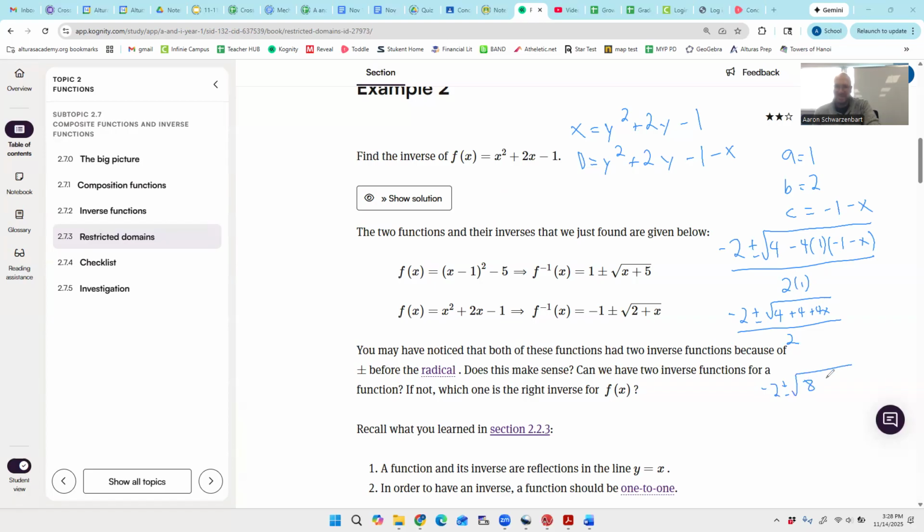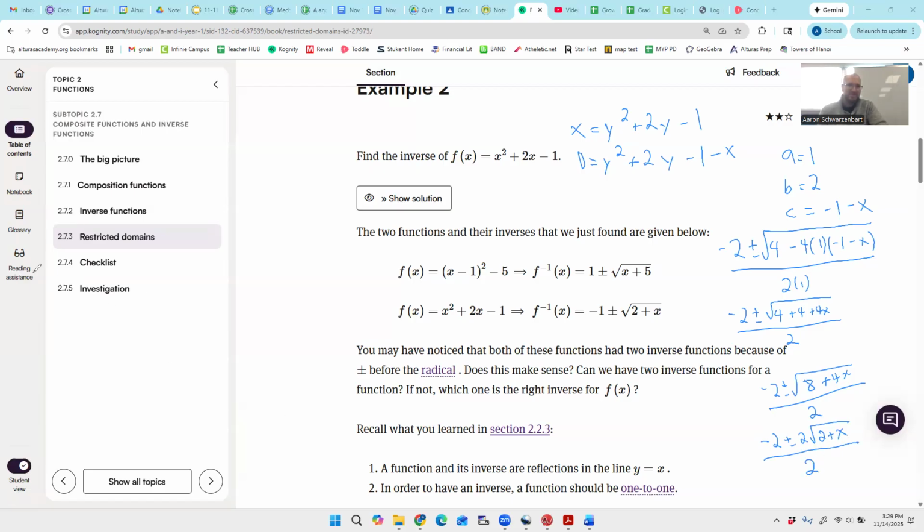4 plus 4 is 8. So I distributed the 4 for the second part. I can take a factor of 4 out of that and square root it to reduce my radical to be 2. So that's 2 plus x.